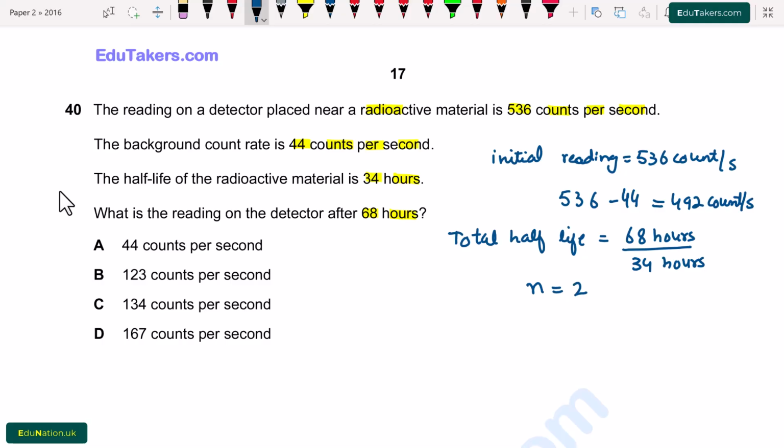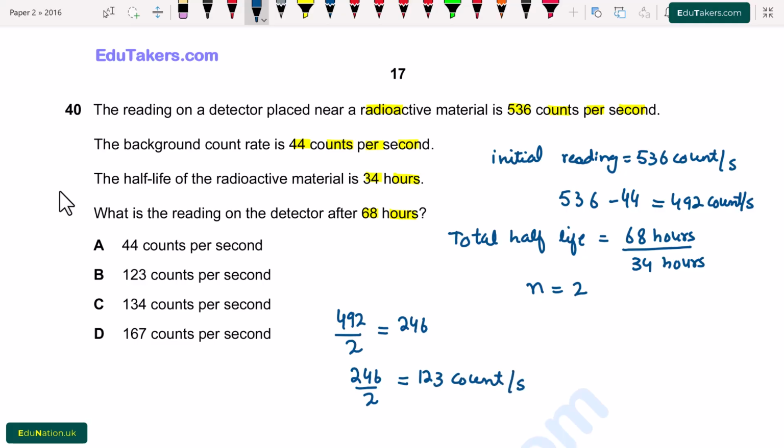2 half-lives pass. So first of all, initially there are 492 counts per second without background count rate. So I write here 492 divided by 2. This will be equal to 246. This is the count rate when first half-life passes. When the second half-life passes, there will be 246 divided by 2. This will be equal to 123 counts per second.